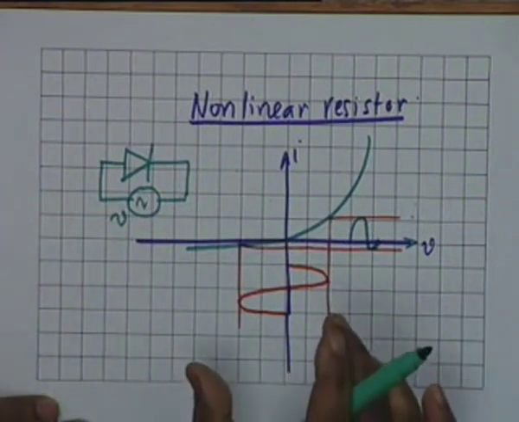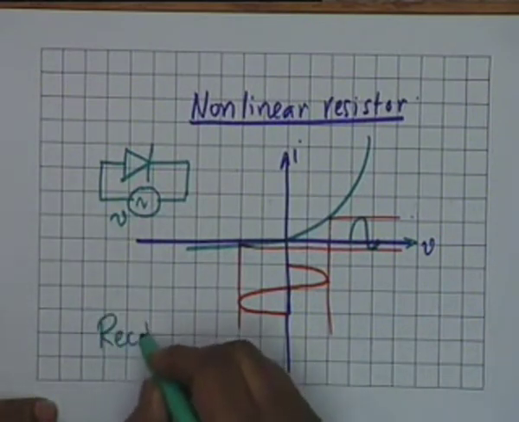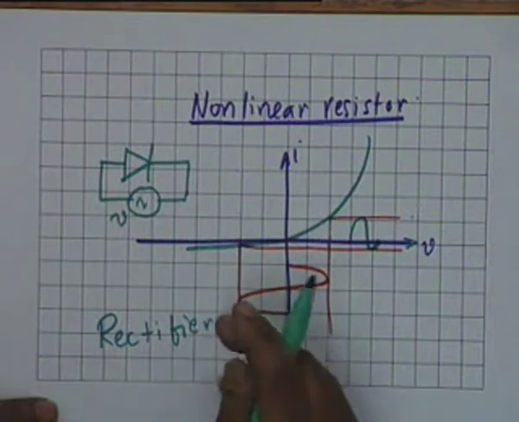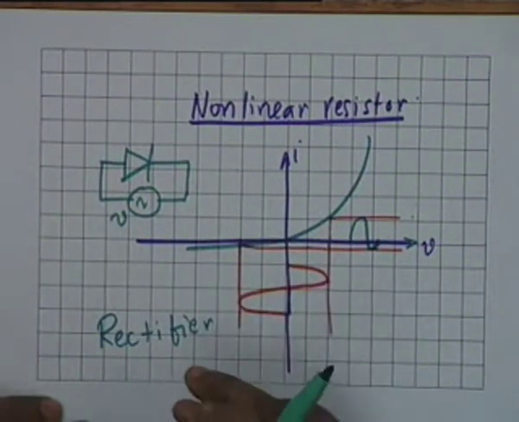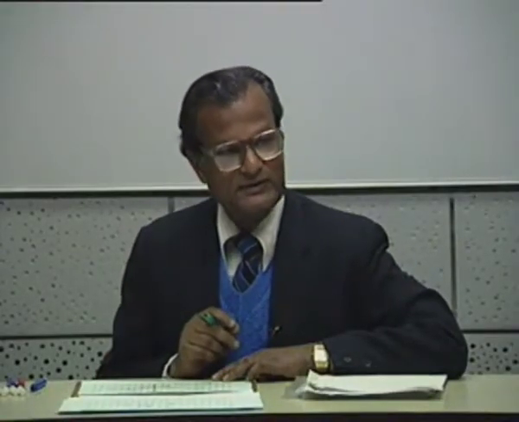In other words, the diode, this nonlinear resistor, favors a positive voltage. It discriminates against a negative voltage, and therefore the diode acts as what is known as a rectifier. That is, it accepts the positive half of the voltage, it rejects the negative half, and that's why you could convert an AC to a DC, a unidirectional current.